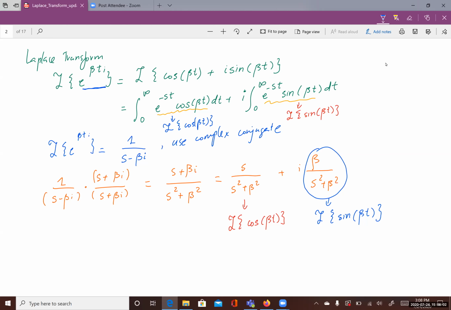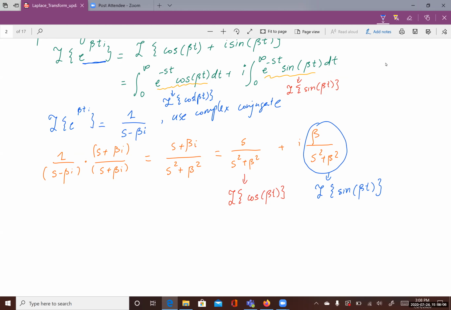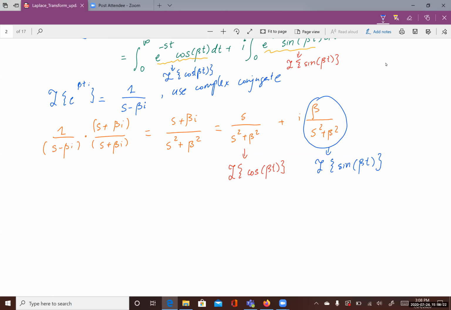All right. So we found the Laplace transform of cosine beta t is going to be s over s squared plus beta squared. And the Laplace transform of sine of beta t is going to be beta over s squared plus beta squared. So let's rewrite it down here.